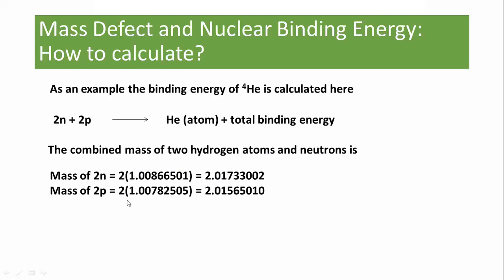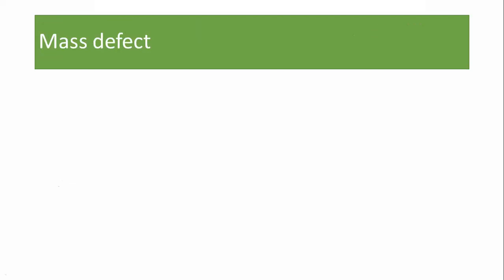In a similar way, you can calculate the mass of the protons. This is the mass of one proton, and you multiply by two. This is the mass of the two protons, and this is the sum of the mass of the protons and the neutrons, that means 4.0328081 unified mass units. Now, sorry, this is the mass of the protons and the neutrons, and now we are going to calculate the mass defect first.